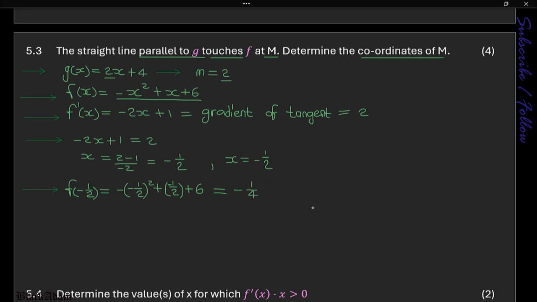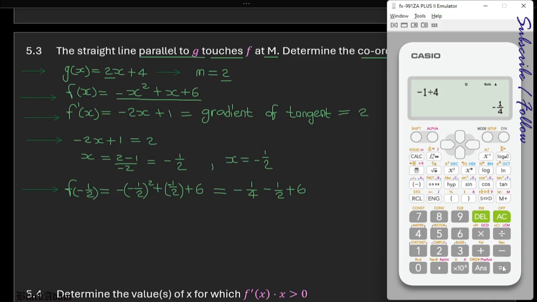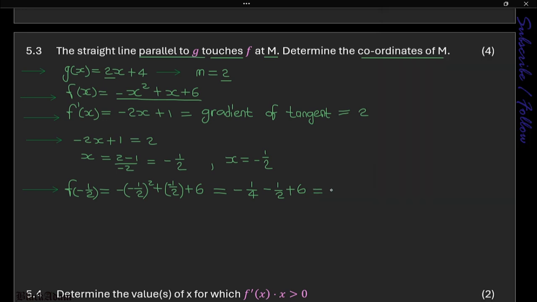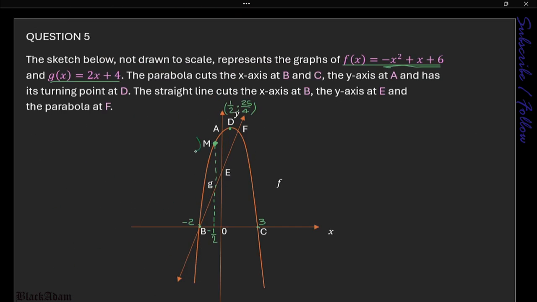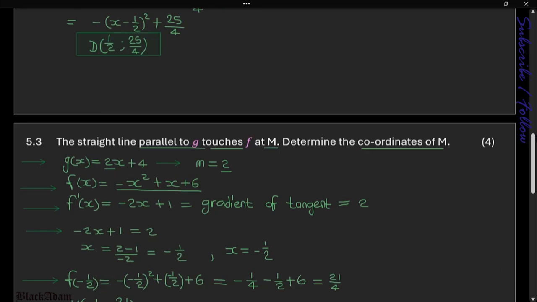So that's negative quarter minus half plus 6, which is 21/4 in total. So at M, x is negative half and y is 21/4. So that's the value first.